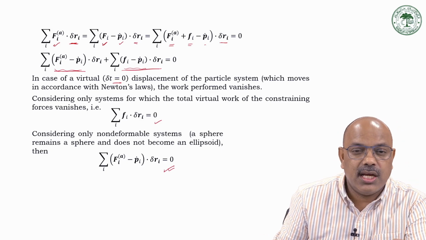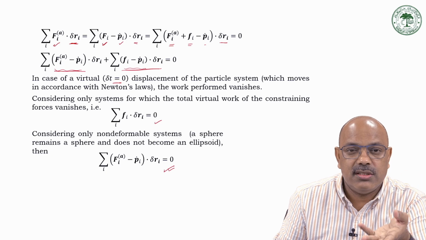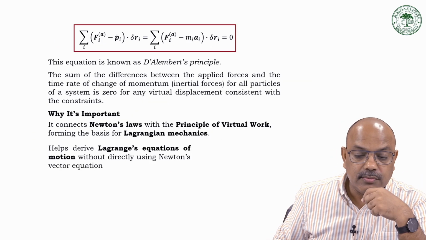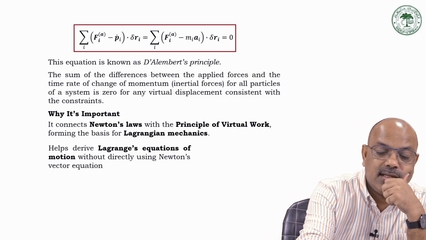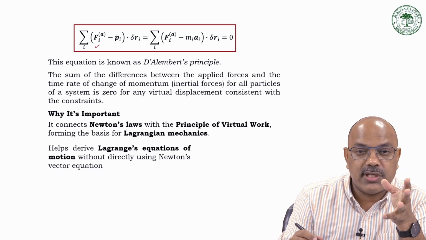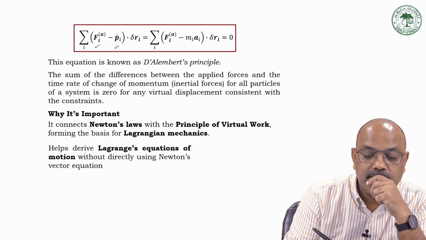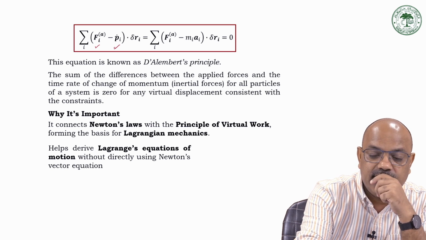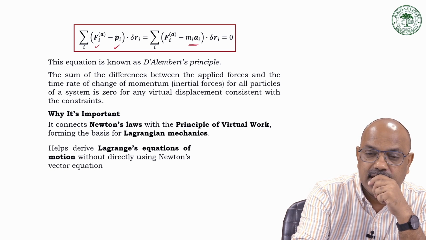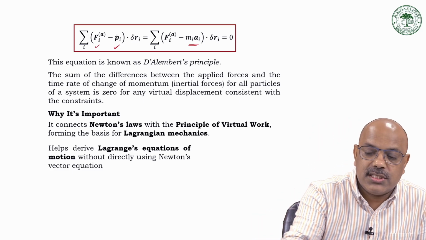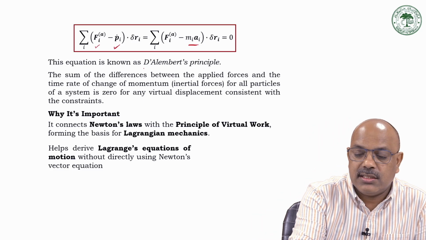Then the second part, A plus B is 0, B is 0, so A is naturally going to be 0. Whatever force I applied, and this reversed effective force acting on the system, these reversed effective forces are basically the inertial forces, and the whole statement is known as the D'Alembert principle.